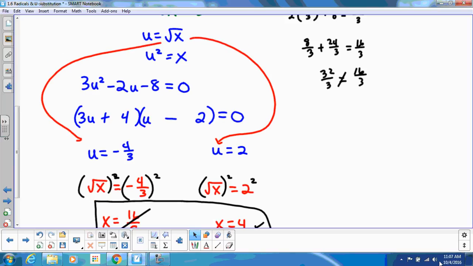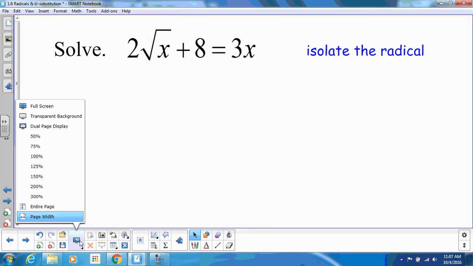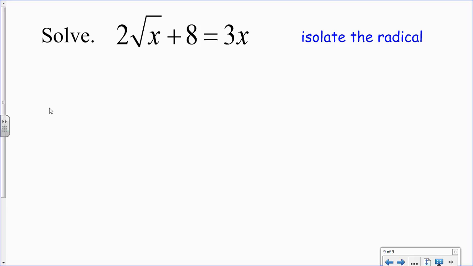So we're going to look at this same problem, but let's look at it the way we solved with radicals earlier, by getting the radical by itself and squaring both sides. So this is without the u substitution. So isolate the radical. Subtract 8 from both sides.